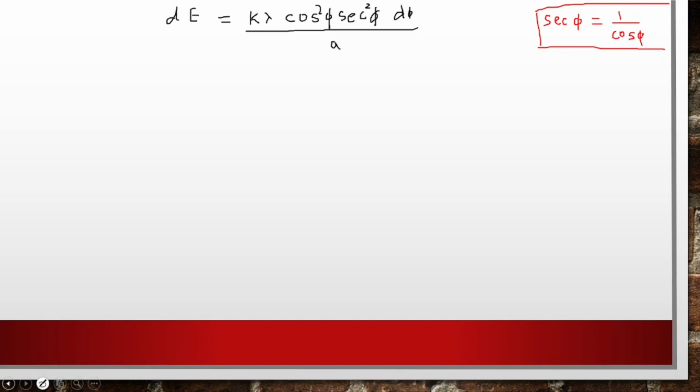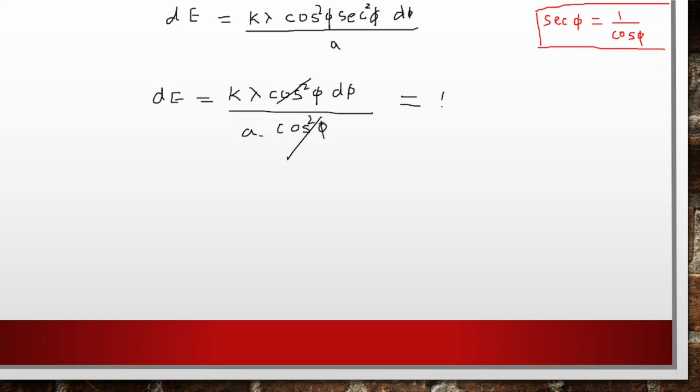We get dE is equal to k lambda cos square phi d phi. Instead of sec square phi we can write 1 by cos square phi. So this cos square phi and this cos square phi cut and go. We will get the equation as k lambda by a d phi. So our one big step is completed.